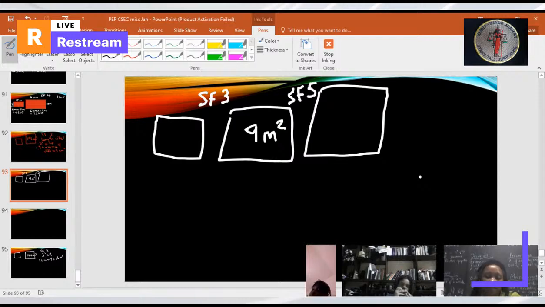Imani, you can work it as well. Okay, miss. So the scale factor from the smallest to the medium is 3. The scale factor from the medium to the large is 5. I want the area of the smallest and the largest.